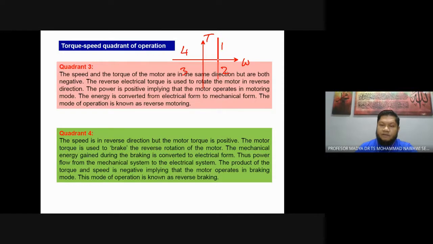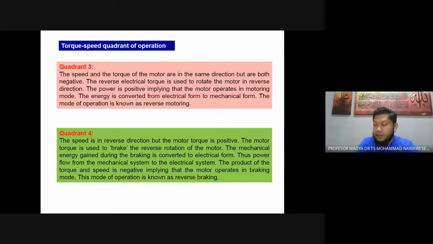So this is the forward motoring, forward braking, reverse motoring and reverse braking region. One, this is forward, this is reverse. Okay, if we change the torque and omega axis now.